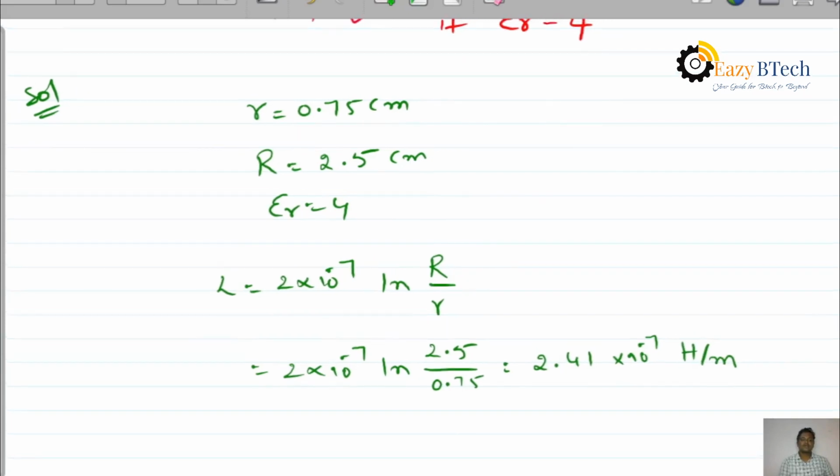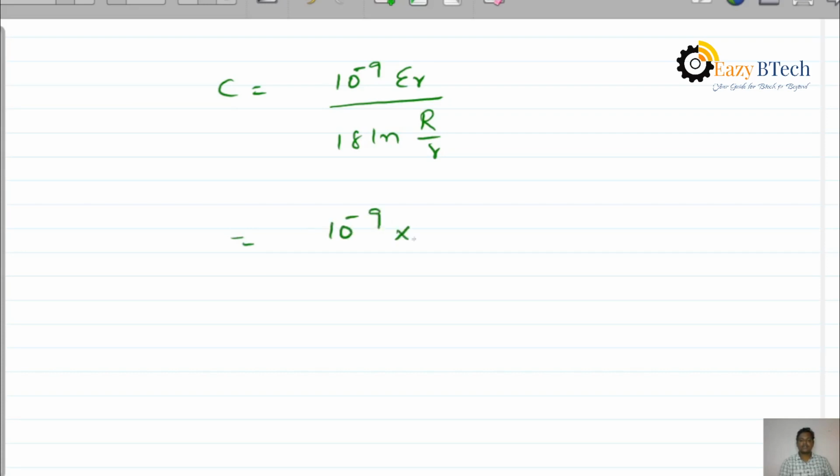The capacitance C equals 10 power minus 9 epsilon r divided by 18 ln capital R by small r. Substitute those values here: 10 power minus 9 into 4 divided by 18 ln 2.5 divided by 0.75.